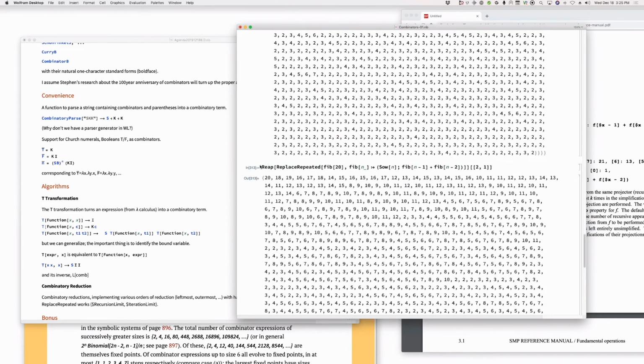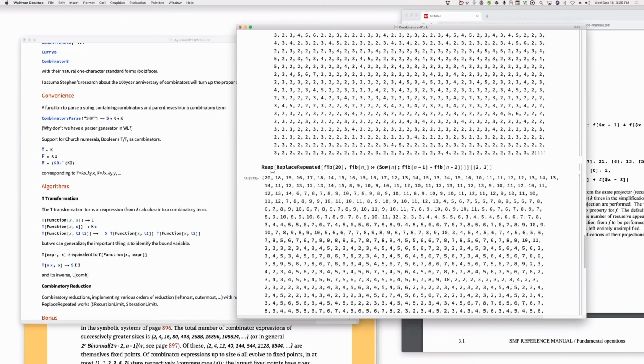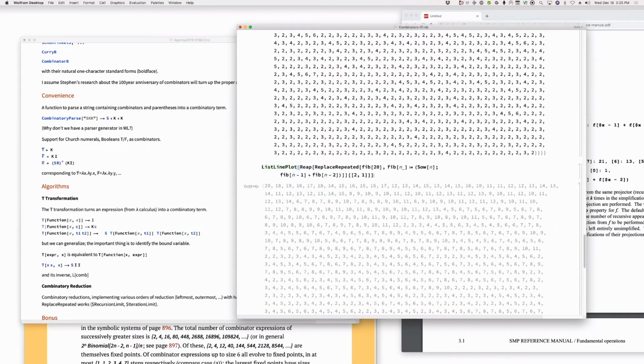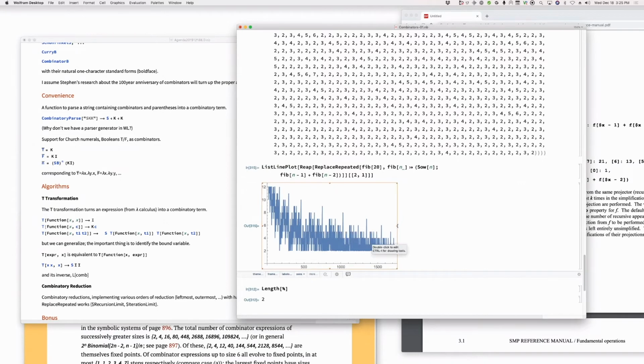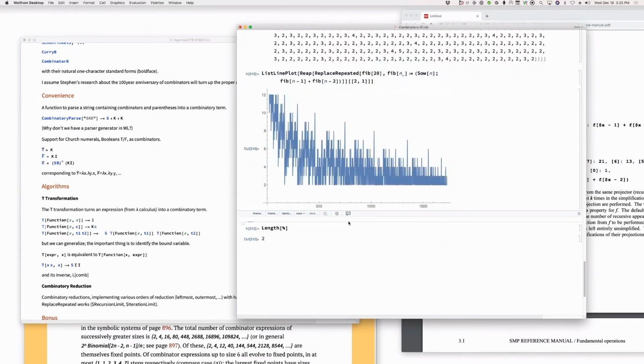Yeah, there we go. Well, this is also telling us the evaluation order. So that's the evaluation sequence in some sense.